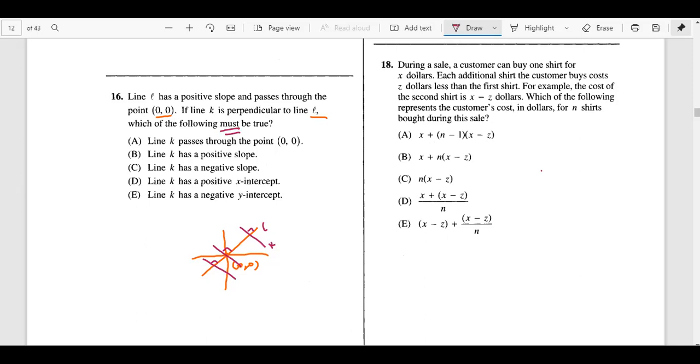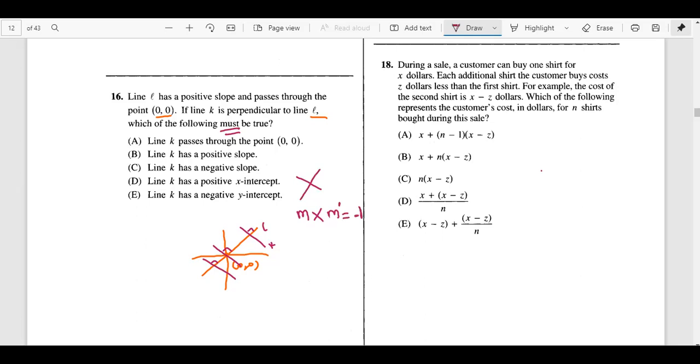K has a positive slope. No, that is not possible because L has positive slope. Let's say M is the slope of a line, and M dash is the slope of a line that is perpendicular to this line. So we know that their product is going to be -1.